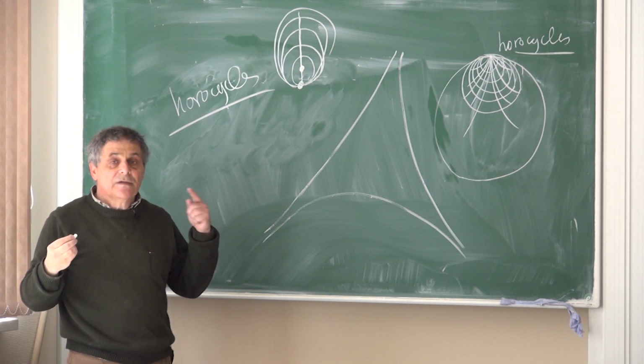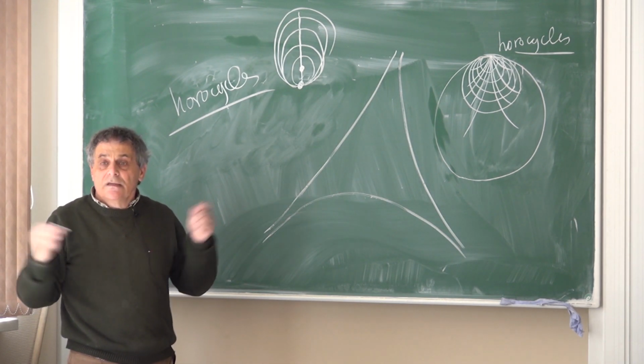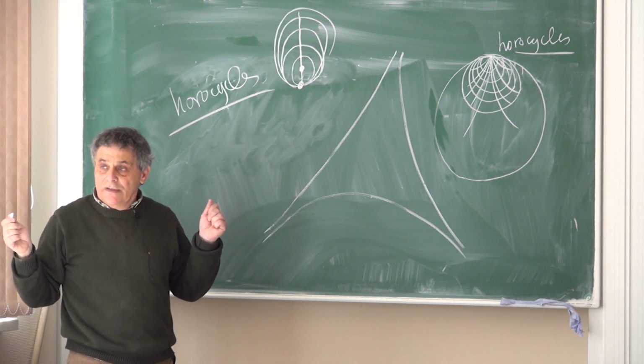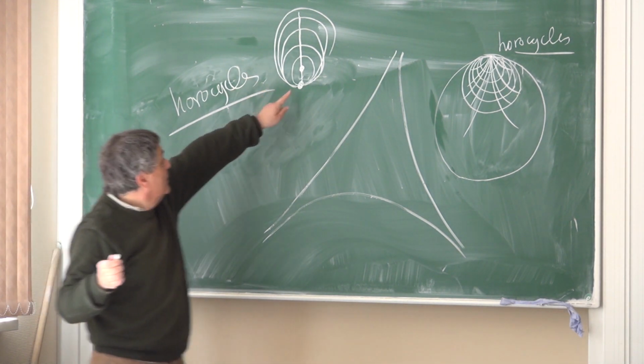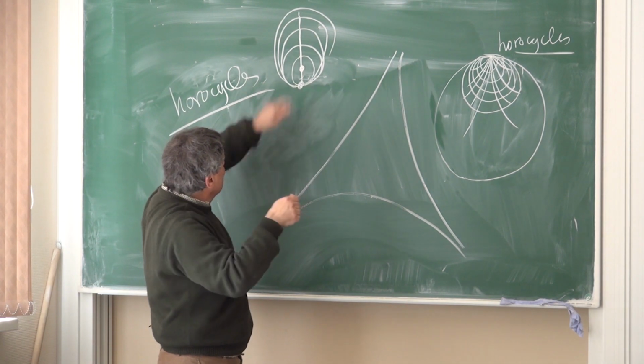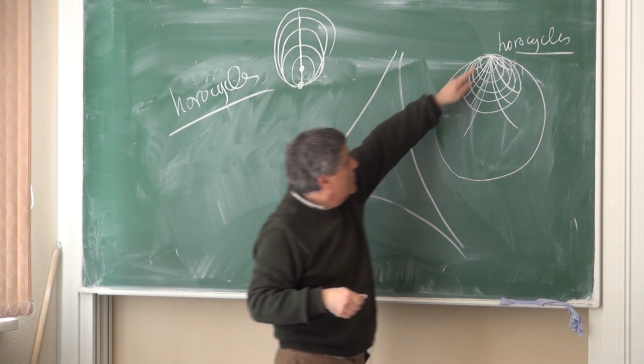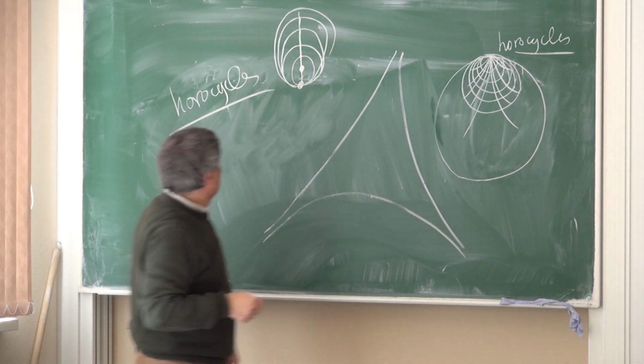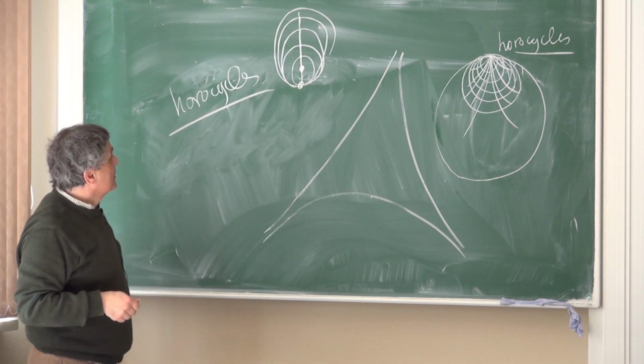In Euclidean geometry, the limit is just a line; you don't have horocycles. But in hyperbolic geometry, the limits of these circles are horocycles. So these are all horocycles here.